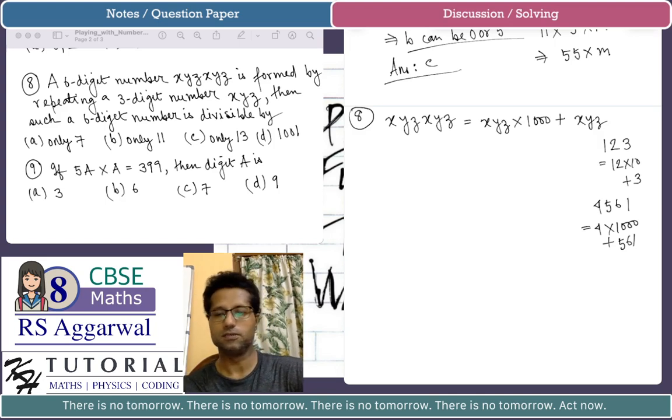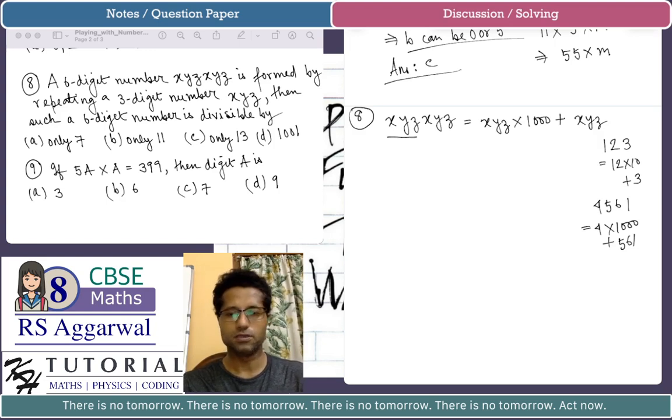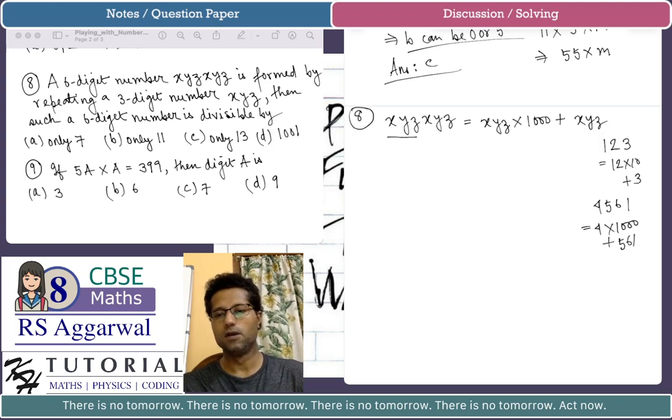So this is the logic. If you consider the digits xyz as a 3-digit number, in the original 6-digit number, if you consider only the leftmost 3 digits, to its right there are 3 more digits.